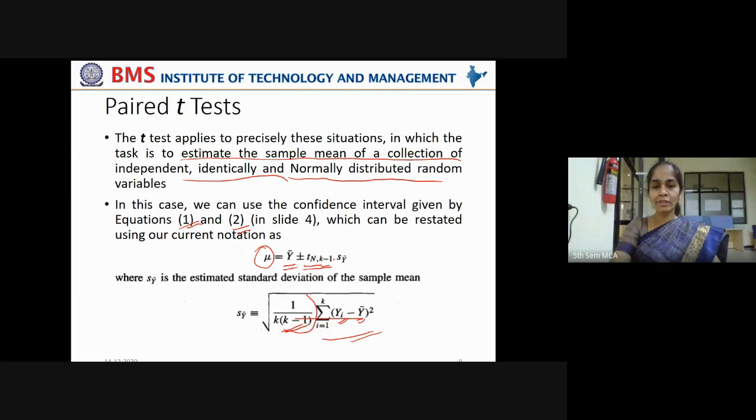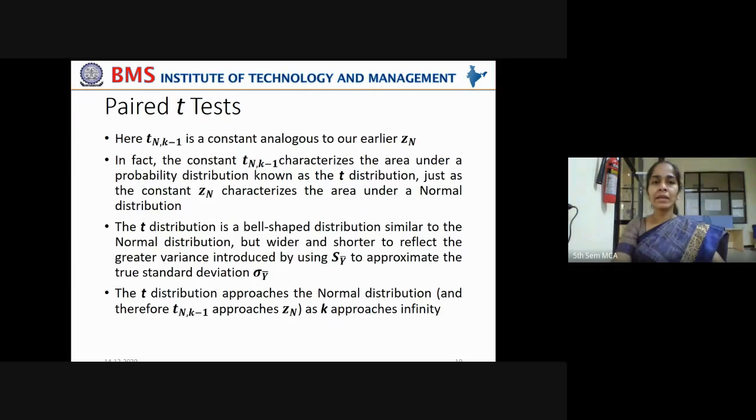And this also I have explained, why we have taken 1 by k into k minus 1, because you are reserving one partition always for testing and you can't distribute the error on that. So you are distributing the error on k minus 1 partitions. Here, t n k minus 1 is a constant which is analogous to our earlier Zn. T critical value is the same as your Z score value. I explained how to locate this T distribution value also.